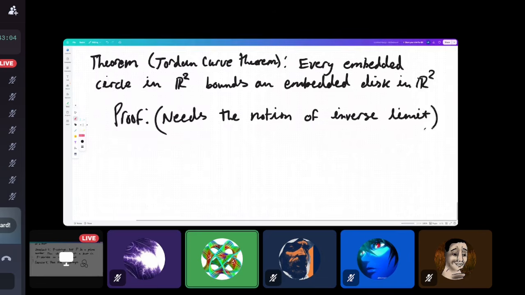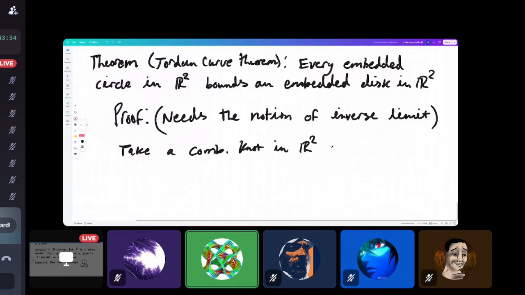So we need inverse limits. Okay. So take a combinatorial knot in R2.